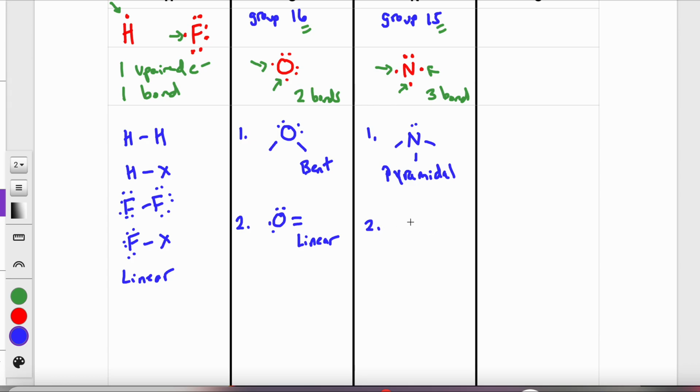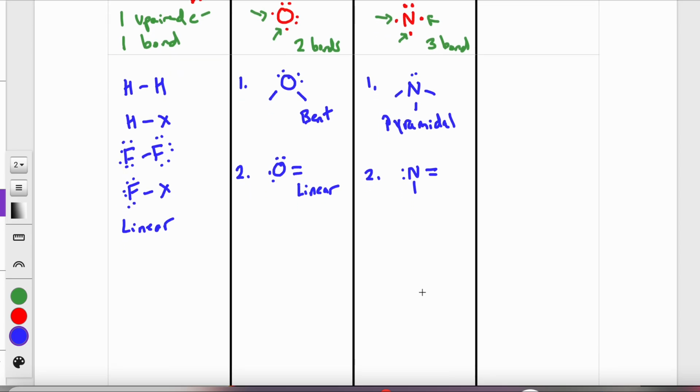Number 2, the nitrogen, instead of forming 3 individual single bonds, could form a double bond and a single bond, where this would create a bent shape. And the last possibility, number 3, is where the nitrogen forms the 3 bonds between itself and one other atom, creating a triple bond, and this would simply be a linear shape.